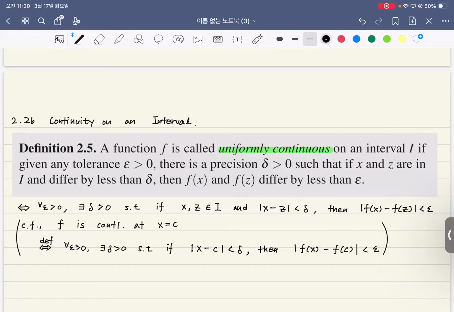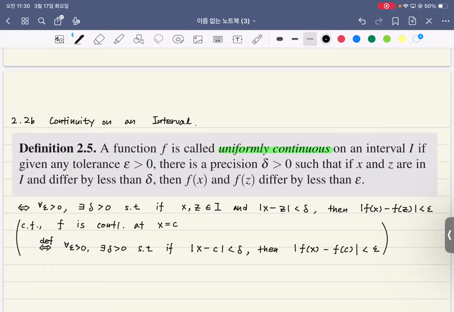So the position of x and z does not matter. If we can find such a delta, then we say f is uniformly continuous.